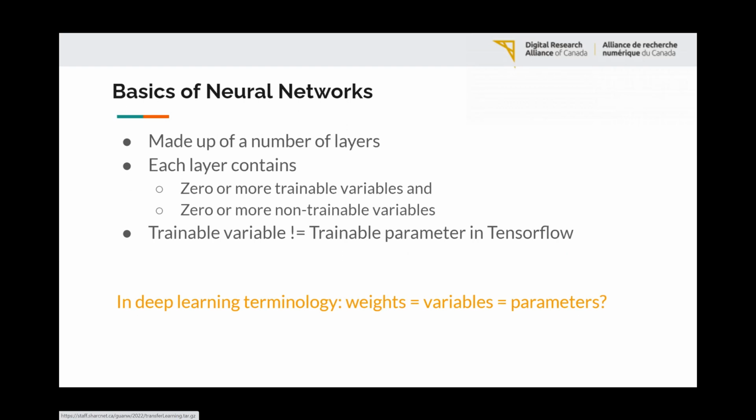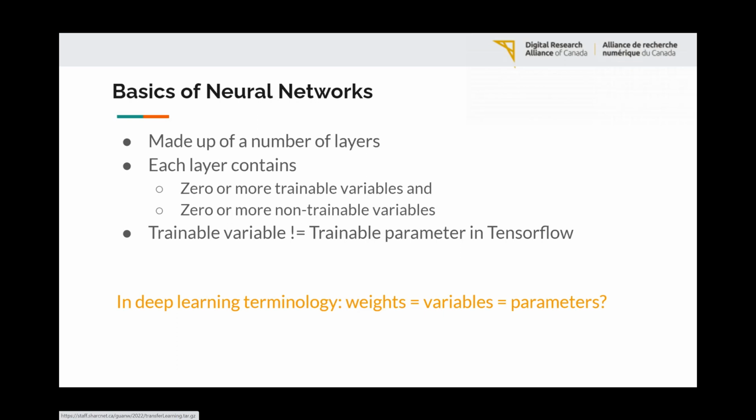So a neural network is made of multiple layers, and each layer has 0 or more parameters or variables. In deep learning community, people usually interchangeably use the term like variables, parameters, or weights. But in TensorFlow, trainable variable and trainable parameters are two different concepts.